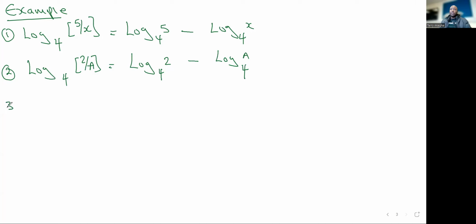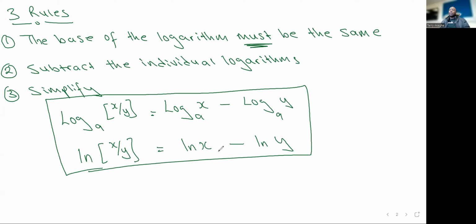Let's pick another example. Let's assume we have ln 5 minus ln 3. Remember I told you can go both ways. So ln 5 minus ln 3 is the same thing as ln x minus ln y, which is ln x divided by y.